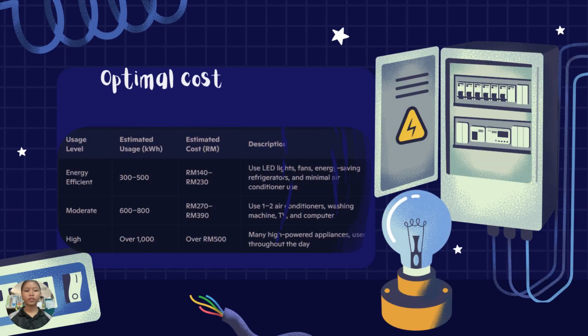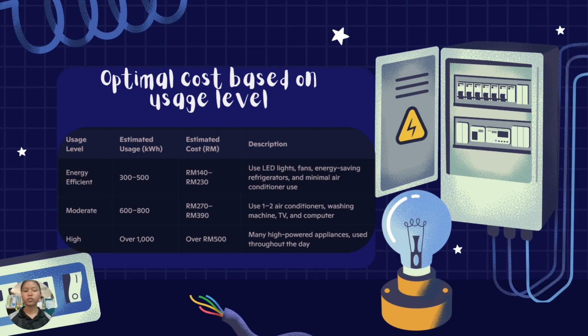Hello everyone, my name is Ellen Alexander Japiri. I will continue our presentation by presenting optimal cost based on usage level. The first usage level is energy efficient. The description is use of LED lights, fans, an energy saving refrigerator, and minimal air conditioner use.